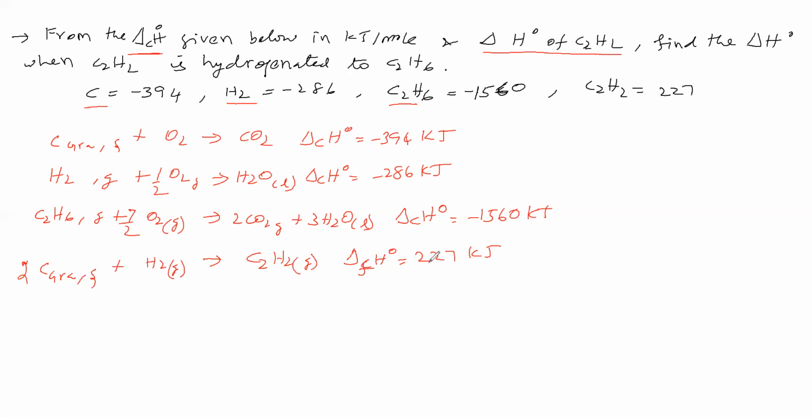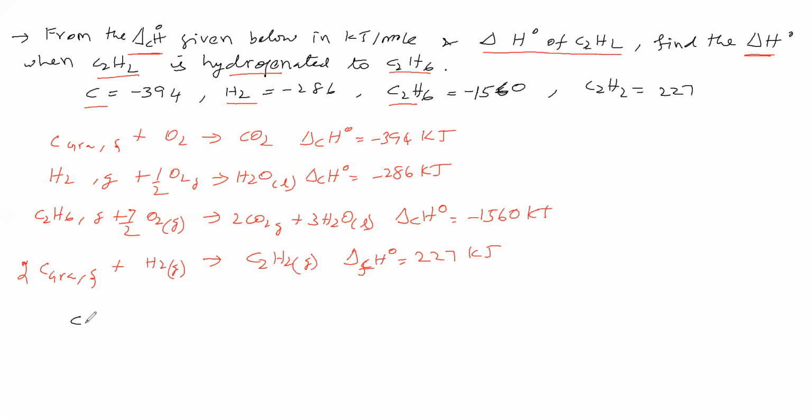Sir, what they are asking us to find is delta H naught of acetylene hydrogenated to ethane. What is the required equation? Hydrogenation of acetylene means acetylene combining with hydrogen.